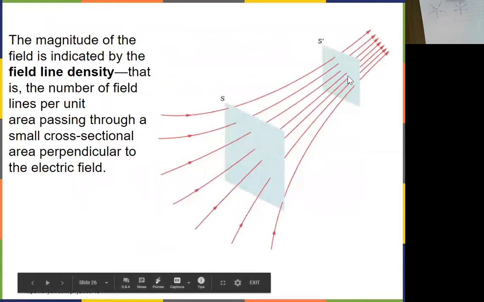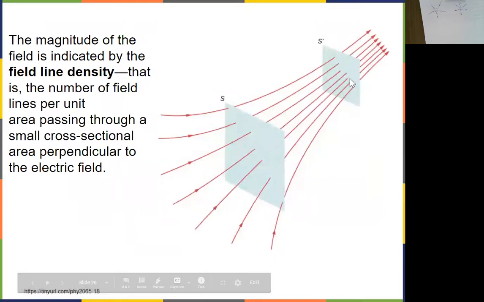Also, if you have more dense lines over here, that means the field strength here is stronger than the field over here. If you have less dense lines, the field is weaker, so that is the field line density.